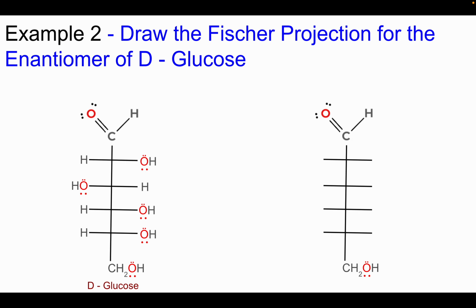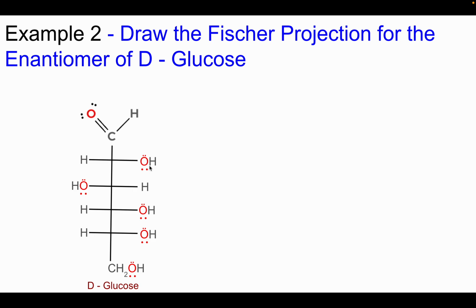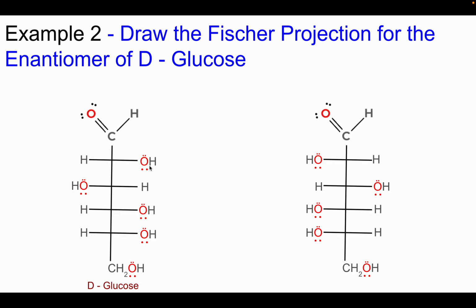So what that means is every single one of these OH groups is going to be going in the other direction. So if we look, that top OH group is going to the right. So we're going to draw the top OH group in our enantiomer going to the left. Same thing, the OH group on carbon 3 is going to the left. We draw it going to the right in the enantiomer. Right? All of them are just going in the exact opposite direction.